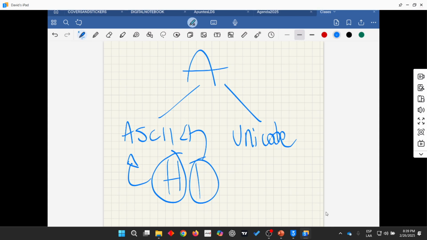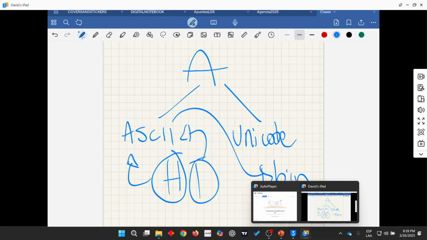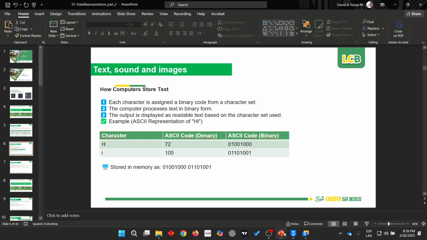Then the ASCII code is going to be converted to binary. So in this example, you have the H, the ASCII is 72, and the ASCII binary code is this one. The I is 105, and this is the binary.